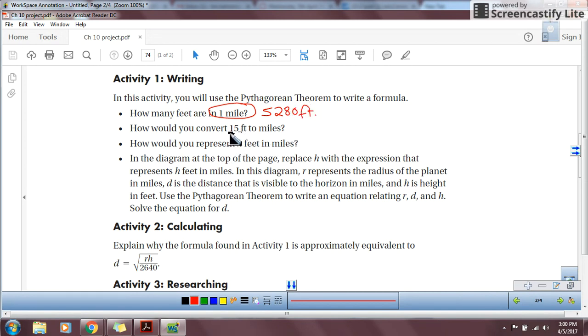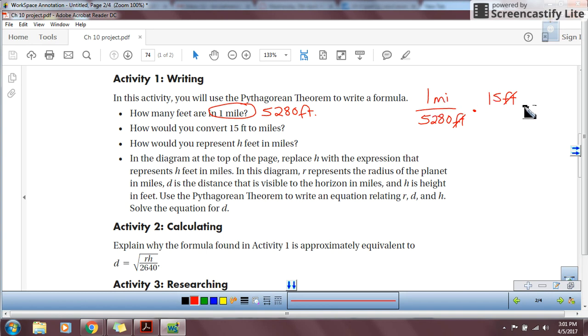So, converting 15 feet to miles. Now, there are lots of different ways to set this up. Basically, the way that I would set this up would be 1 mile is the same as 5,280 feet. Now, if you want to convert 15 feet into miles, you put 15 feet on the top, because obviously your feet would cancel out.